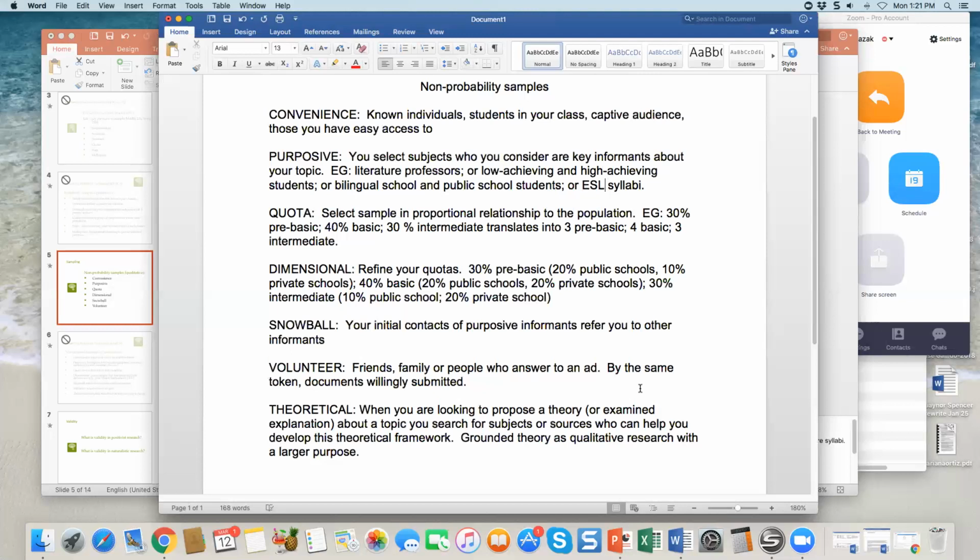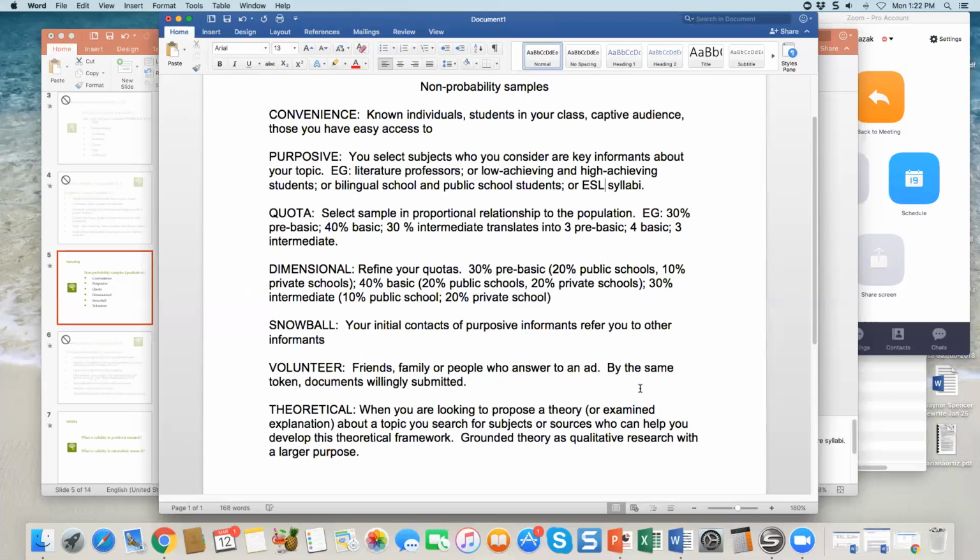If 30% of your population that you're trying to describe is basic and 40% intermediate and 30% advanced, then a quota sample would look like 3 basic, 4 intermediate, 3 advanced, because it is proportional in relationship to the number of people in your sample. Similarly, if you're looking at some kind of population, and in that population it happens to be 70% female and 30% male, then a quota sample of 10 would be 7 women and 3 men.